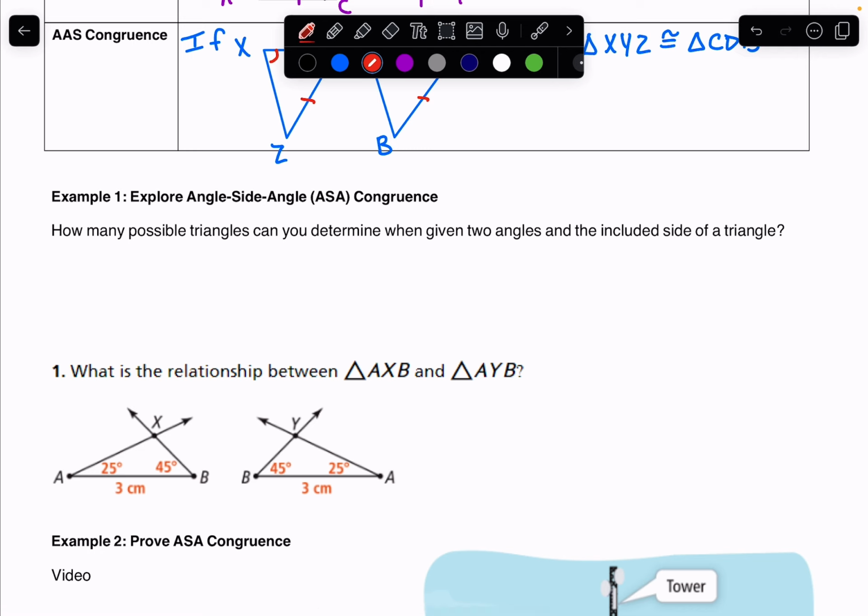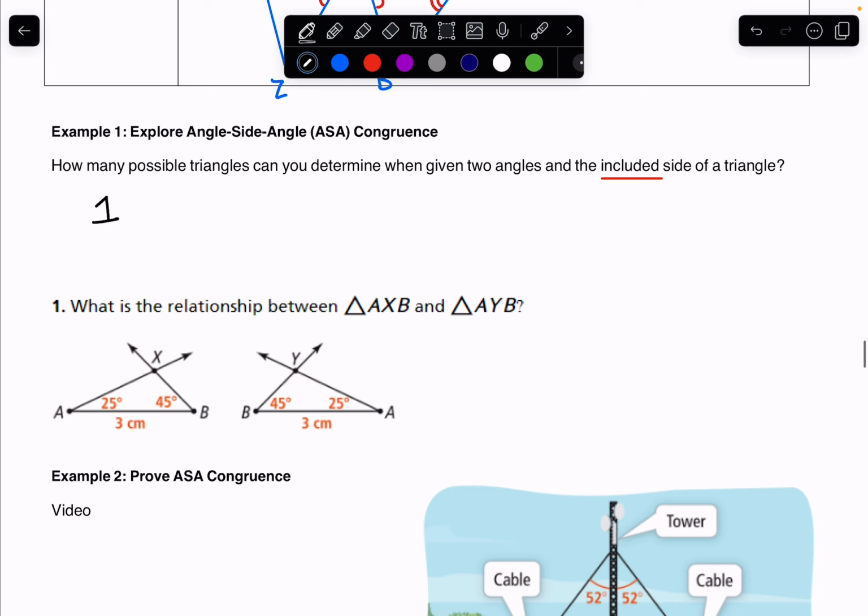How many possible triangles can you determine when given 2 angles and the included side? That means our angle, side, angle arrangement. We can only make 1 triangle, which is why it's a congruence, right? It's why it's one of our congruence theorems. And then the question that goes along with this, again, not too difficult.